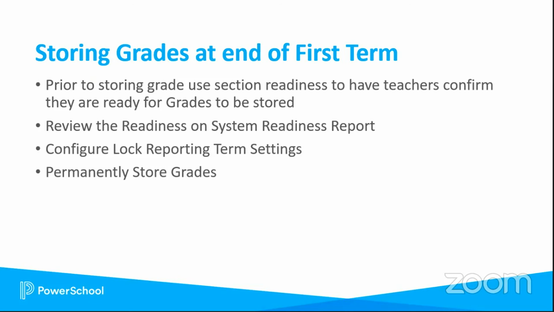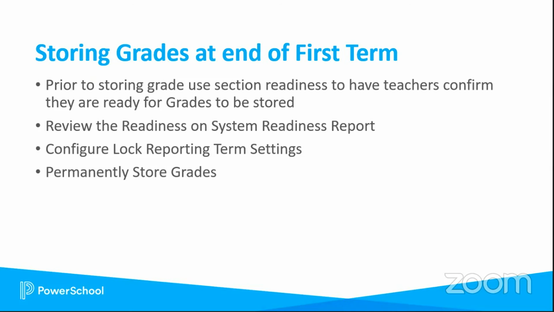Another important piece is the locked reporting term settings. I've reviewed the Power Teacher Pro settings in an office hour, so you can go there for more information about that. But the important piece is you need to give the teachers a warning, for example, the grade book is going to be locked for Q1 grades in 10 days, however long you're going to give them. They will get that warning every time they open the grade book, so that they know that at a certain point, the grade book is going to be locked.